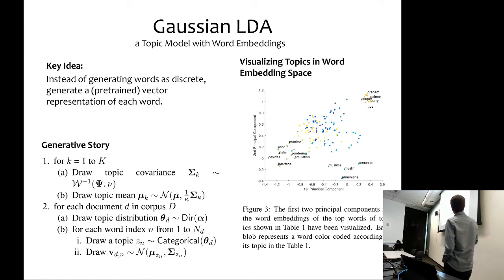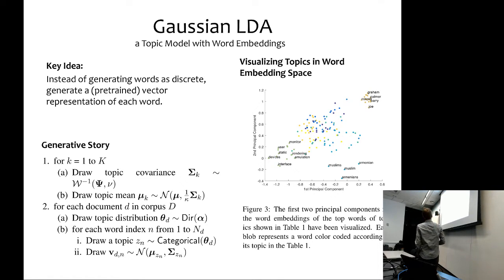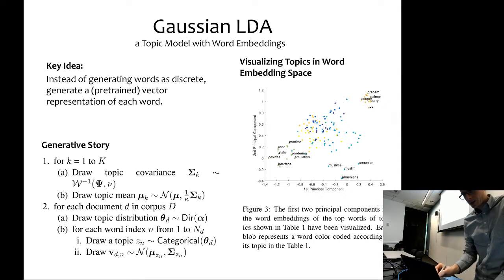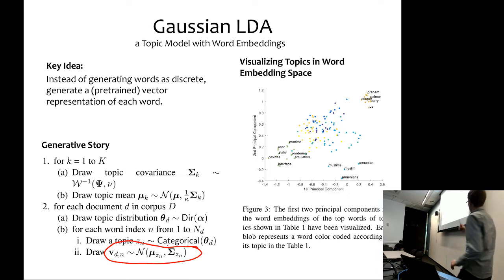And so one key idea is to generate, instead of words as these discrete entities, a vector representation of each word. So this is exactly like LDA, except that now instead of generating words from a multinomial distribution, the roll of a die, we're generating an entire vector from some multidimensional Gaussian.